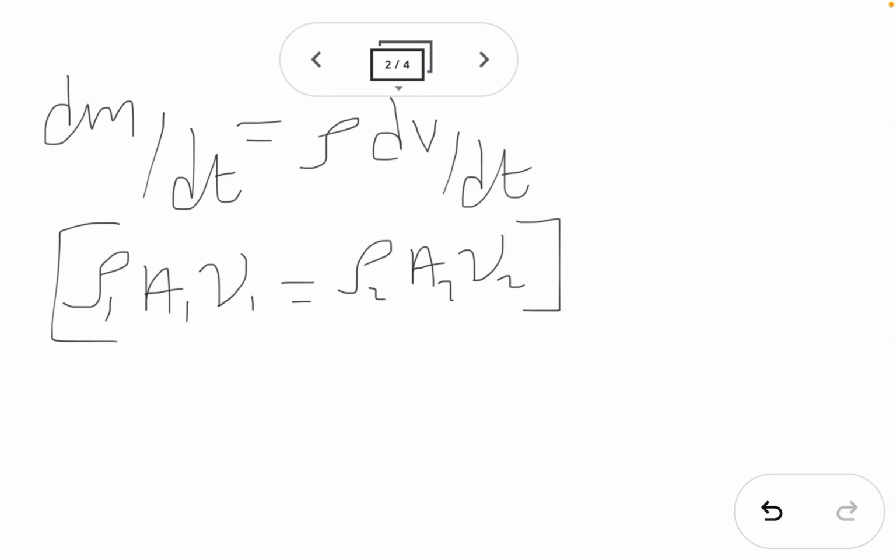So this is the mass flow rate, and the form of the continuity equation has changed to this. Okay, so therefore this is for compressible fluids.